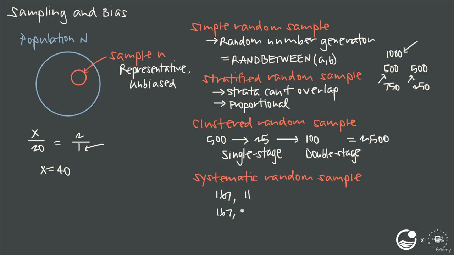So we would also then use employee number 178, and then employee number 189, and then employee number 200, 211, etc., until we had the total number of employees that we wanted to include in our sample.